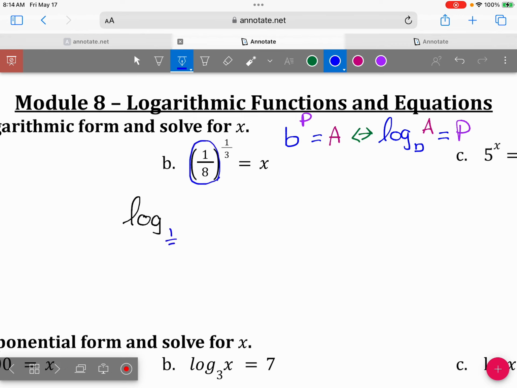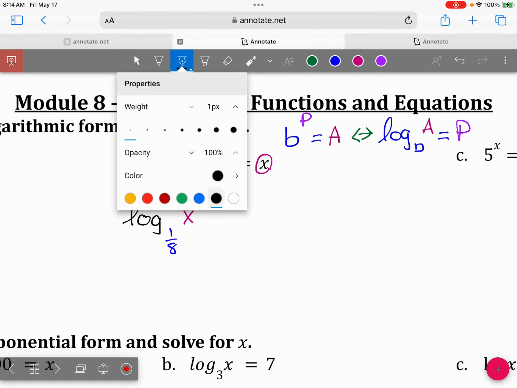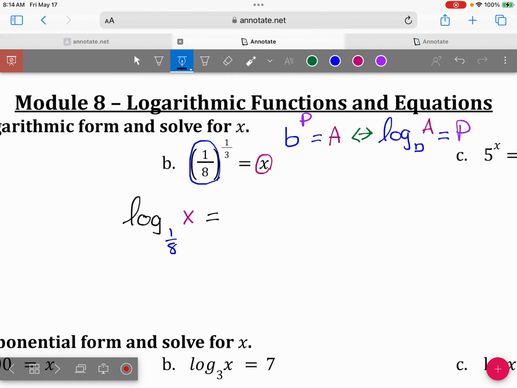So log base 1/8 of our argument, which is x, equals our power, equals that 1/3. So that is how we put it into logarithmic form.